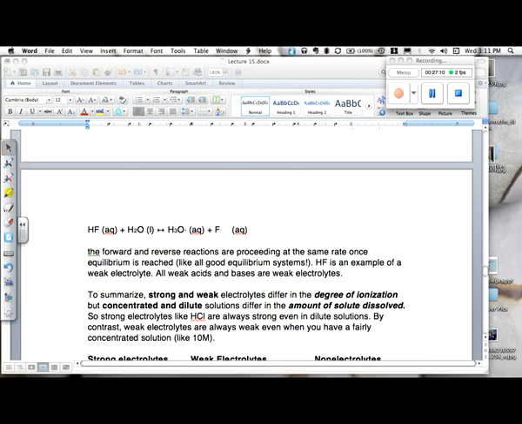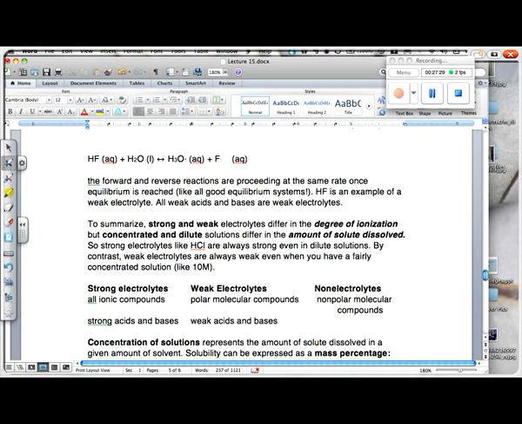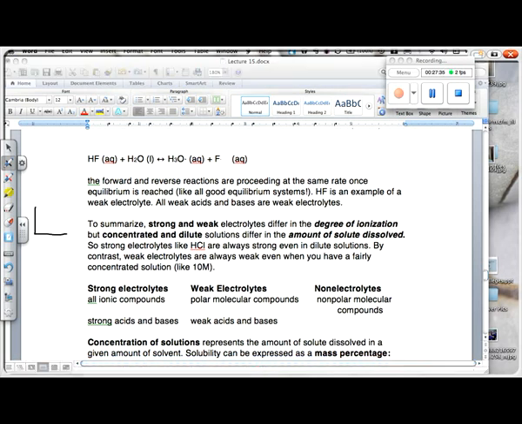Okay, to summarize. Strong and weak electrolytes differ in the degree of ionization, but concentrated and dilute solutions, which we haven't really talked about a lot yet, differ in the amount of dissolved solute. All right, so I'm going to do 4 different pictures here. First of all, I'm going to do a strong electrolyte that is concentrated.